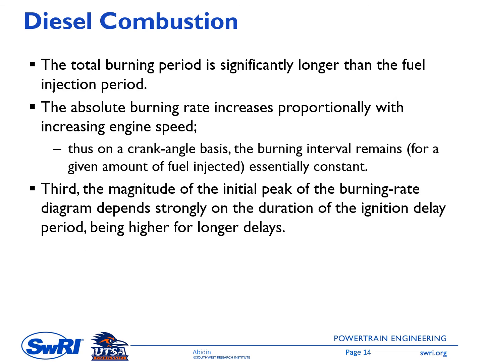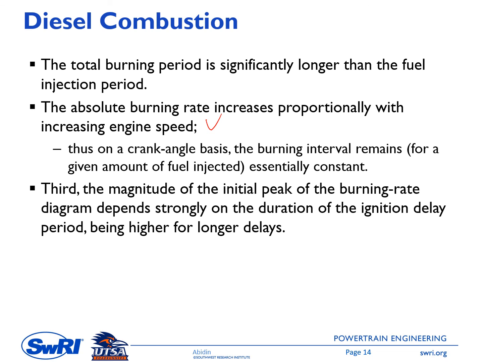Looking at the chart in the previous slide, we can see that the total burning period is significantly longer than the fuel injection period, and the absolute burning rate increases proportionally with increasing engine speed. This is based on the test data as well as the simulation result.